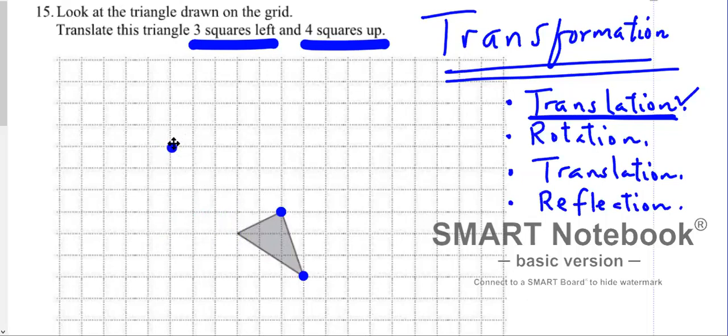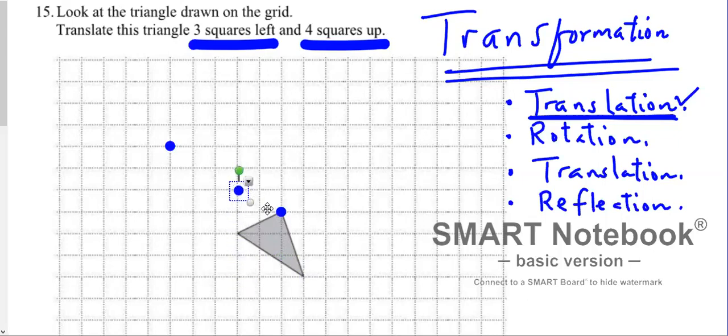All right, so let us talk about the other point, this point here. This point has to make the same movement of 3 squares left and 4 squares up. So 1, 2, 3 squares left and 1, 2, 3, 4 up.